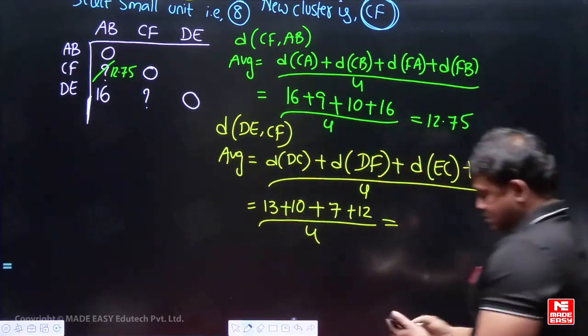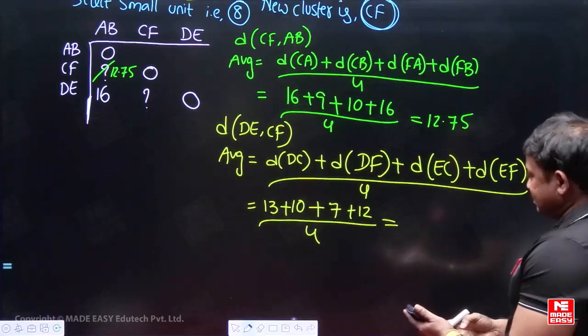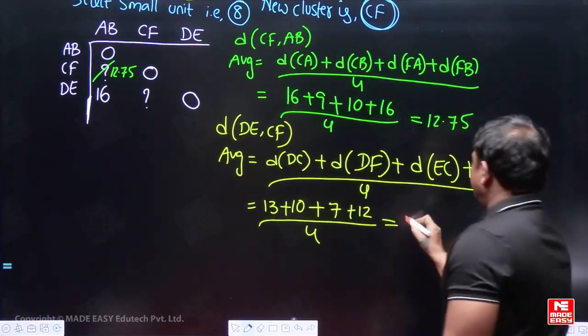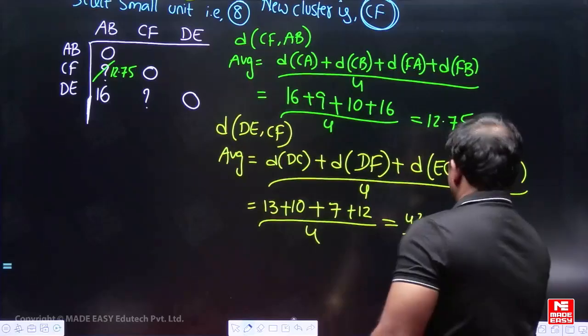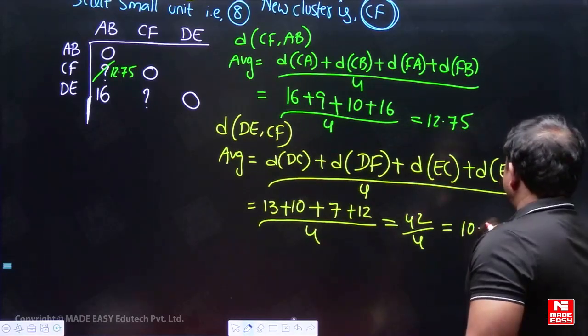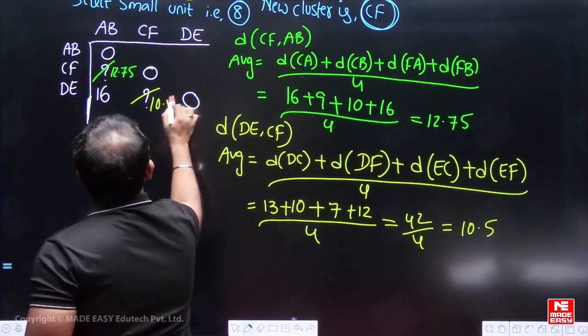Calculate this: 13 plus 10 plus 7 plus 12 is 42, divided by 4, that is 10.5. Okay, so now this is replaced by 10.5.